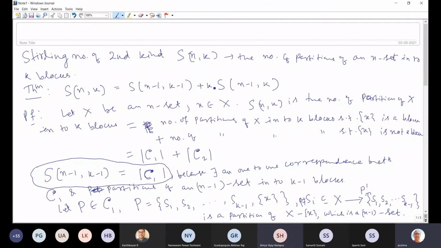No, ma'am. The entire right hand side, that entire sum, why aren't we multiplying it with n? Because n is the X we are considering.